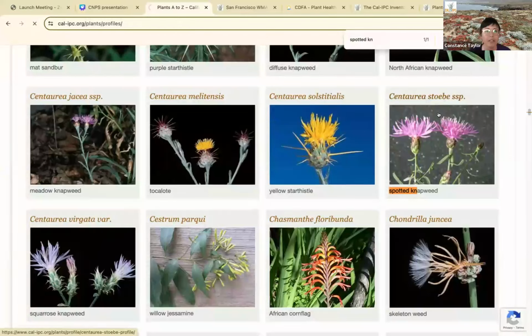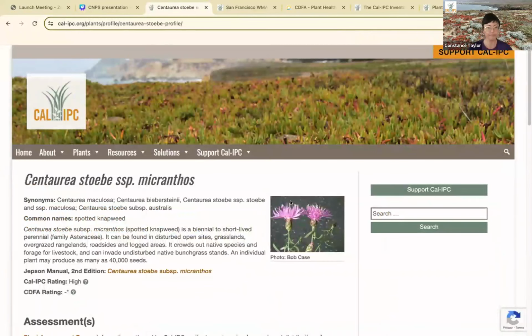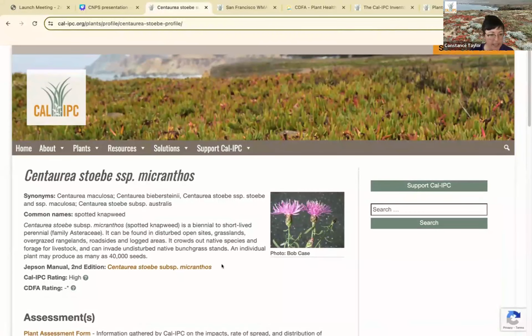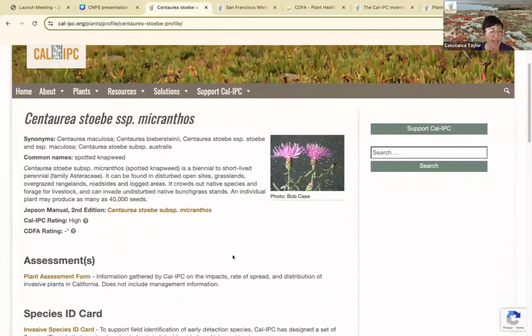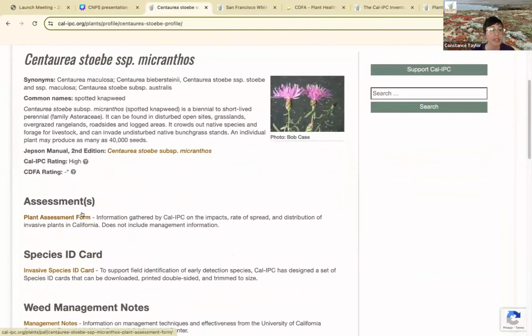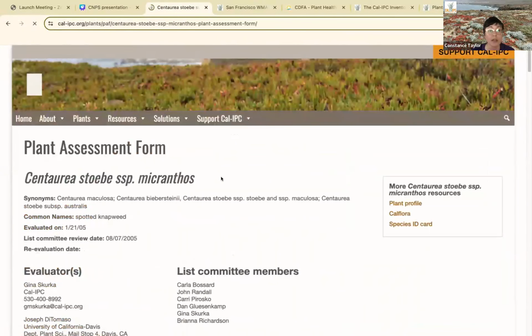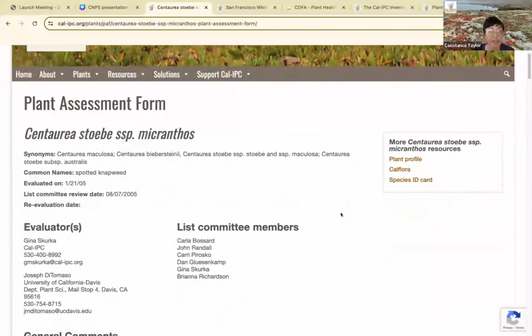What happens if we click on it? This is the landing page. For all the plants on the inventory, you're going to see something like this. You'll have the various synonyms, common name, a little bit of natural history. And this is where you'll start seeing the different forms. So here's the assessment. This is where you can see all of the nitty-gritty of why it was put on the inventory.